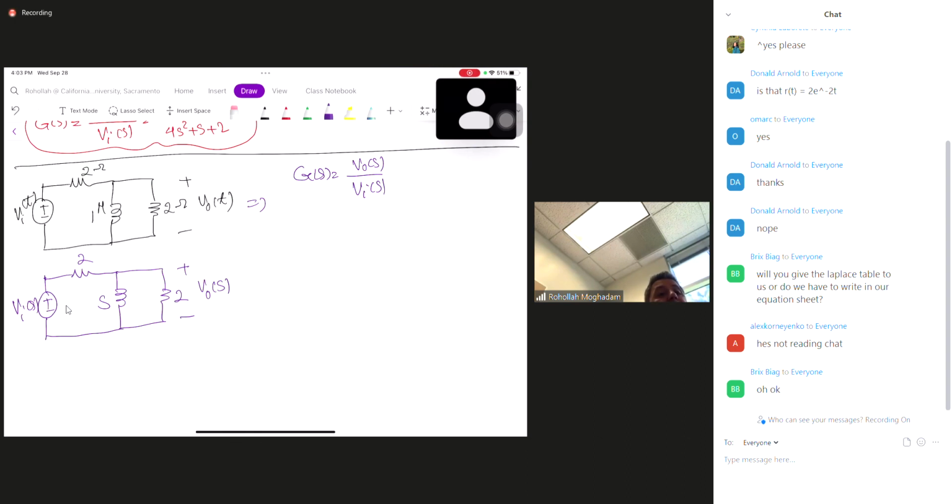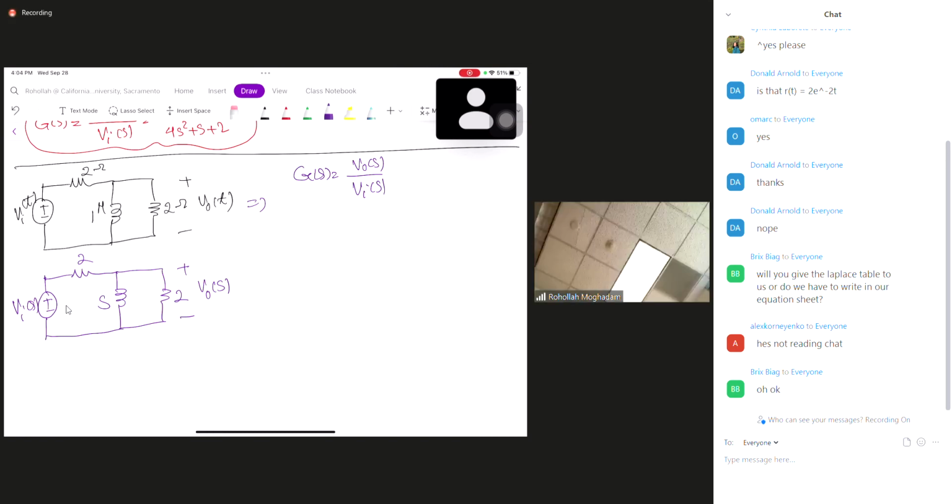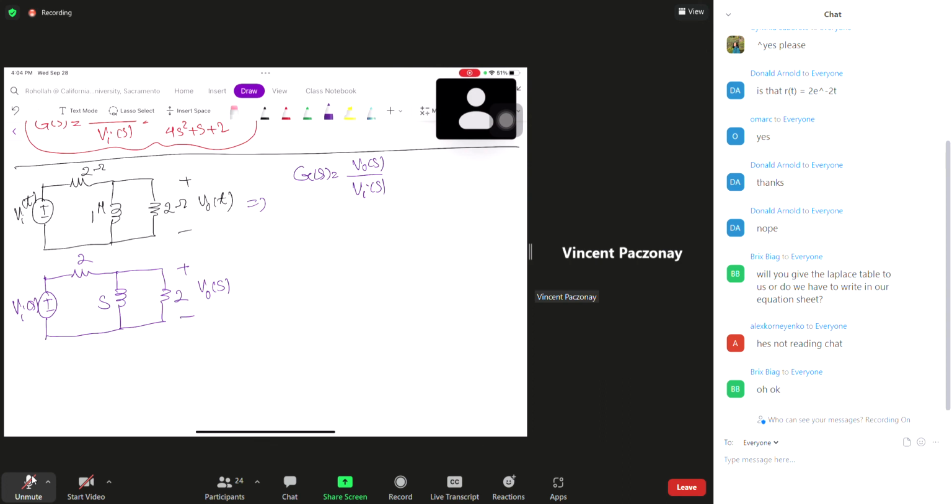What is the simplest way that we can solve this? Nodal analysis? Nodal analysis, we can do that, but there is another way which is easier.